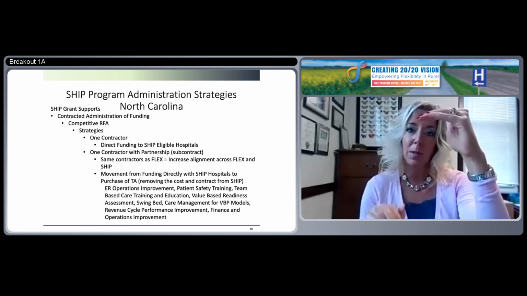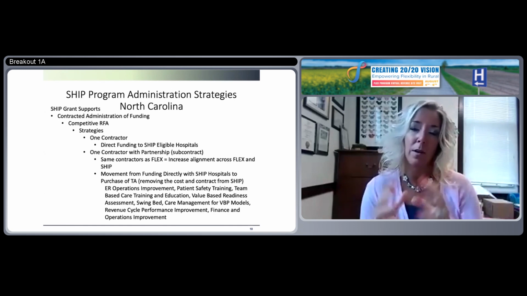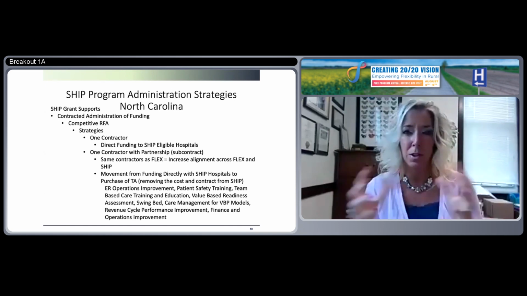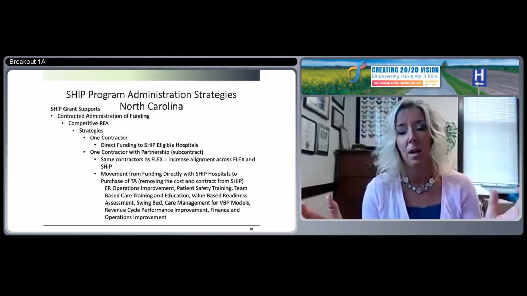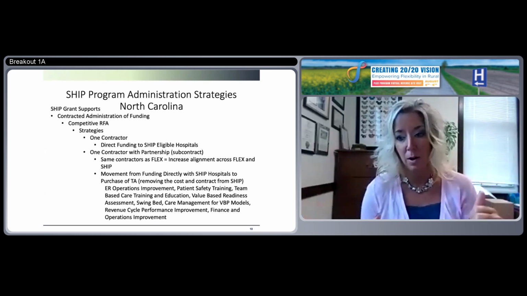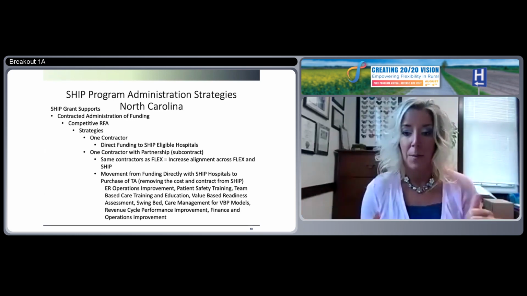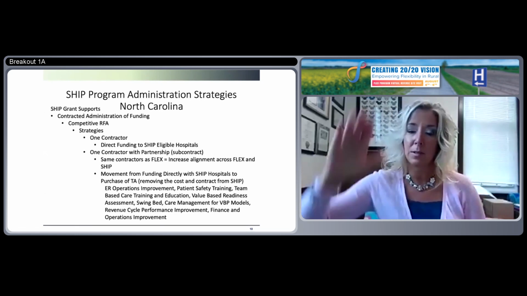They can look at a menu and pick one or more. The caveat with the "or more" is you only have so much funding to provide technical assistance. So if they wanted to do something more extensive, they'd have to draw down some of their own money to help pay for that.